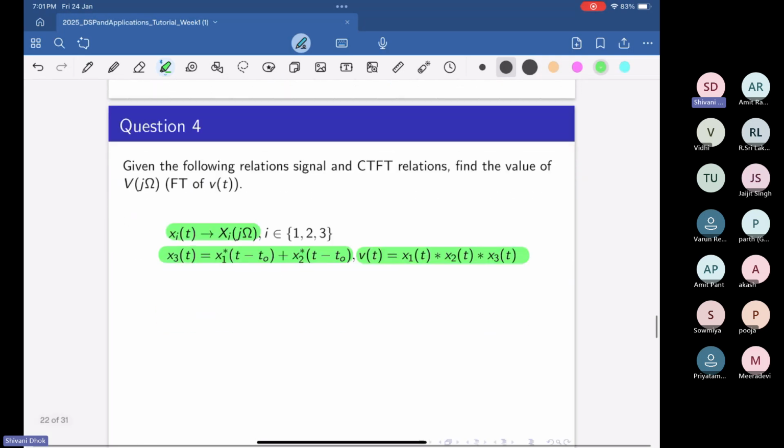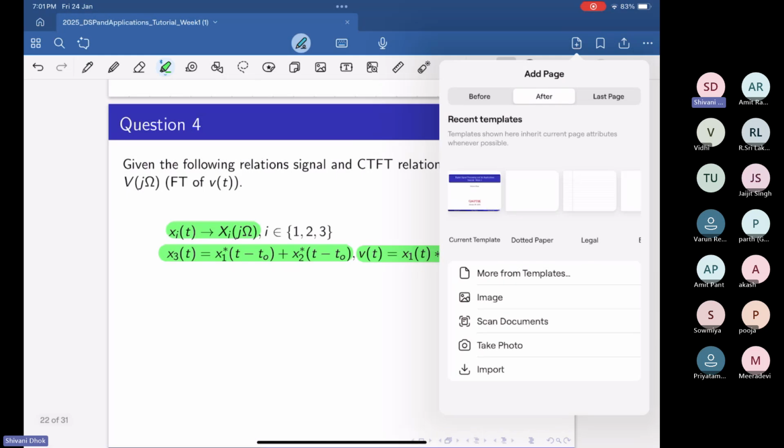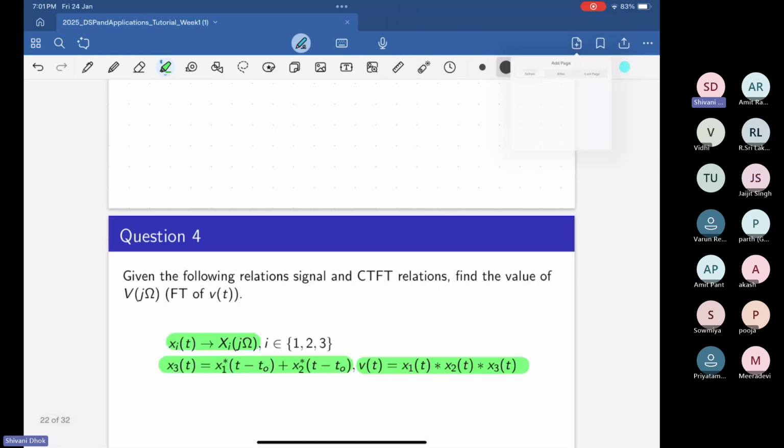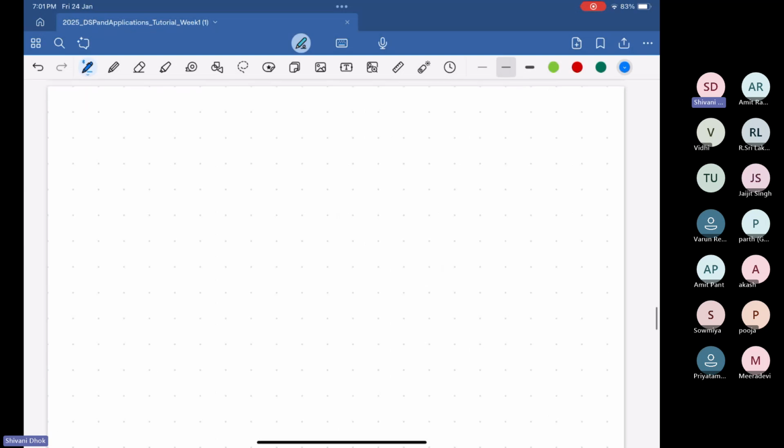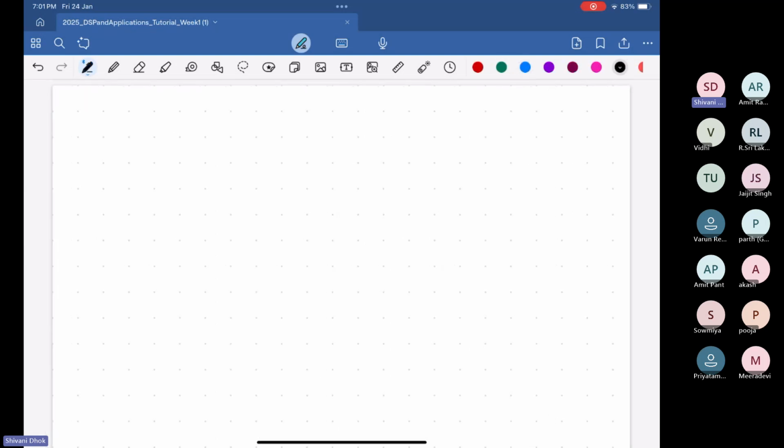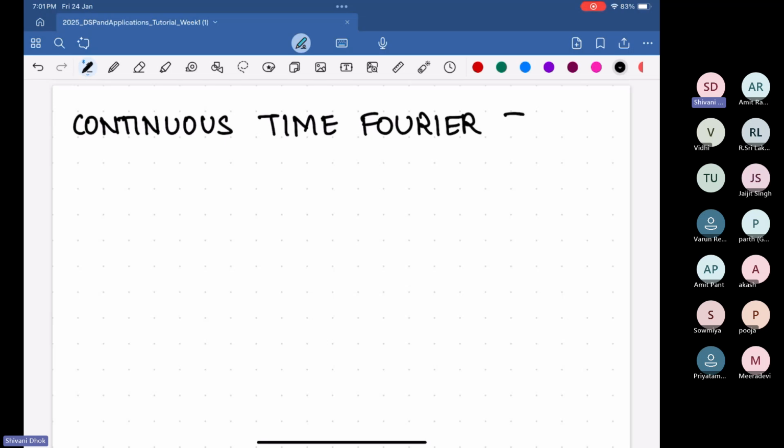Before solving this, let us quickly recap what the continuous time Fourier transform is, and we will also look at some properties. So here we have the continuous time Fourier transform.